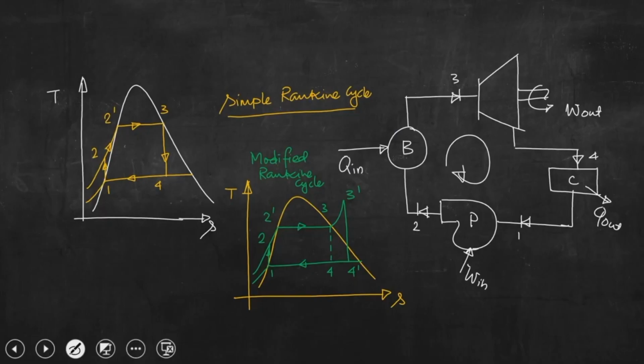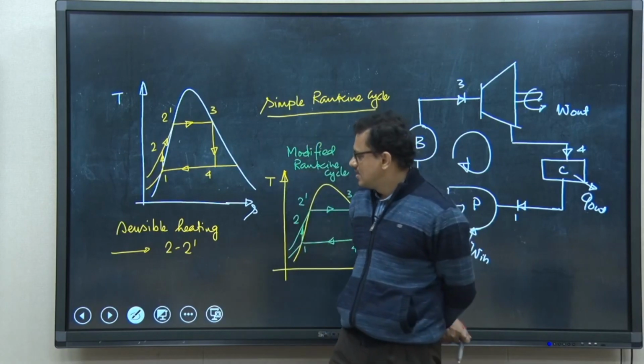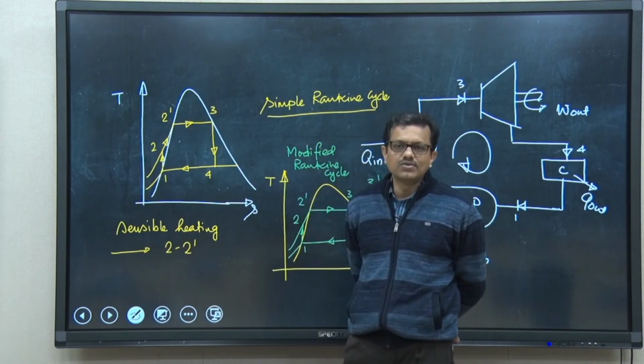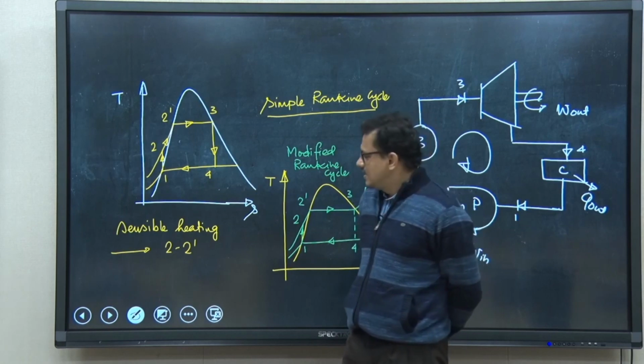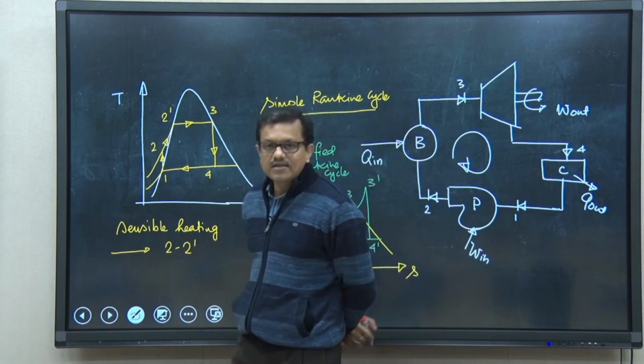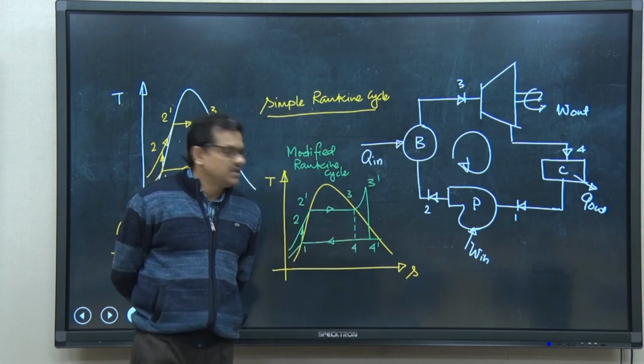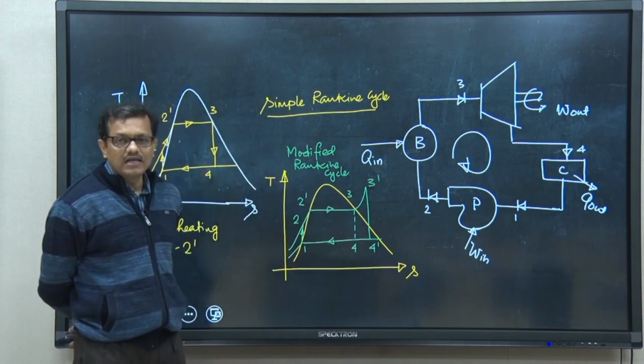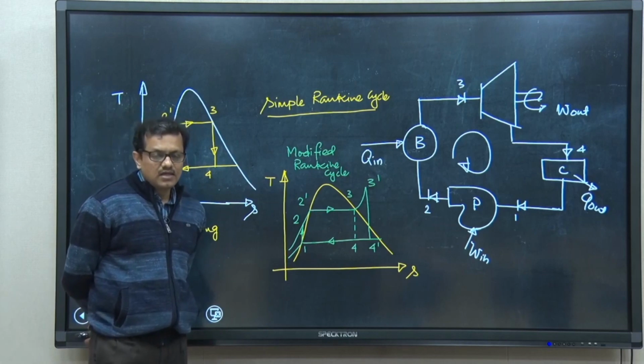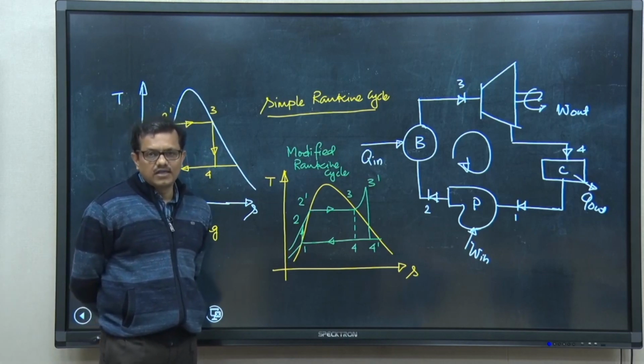You know that the sensible heating, that is 2 to 2 prime, lowers the temperature at which heat is added to the cycle, and it is because of this factor that the thermal efficiency of the Rankine cycle or modified Rankine cycle becomes lesser than that of the Carnot cycle.